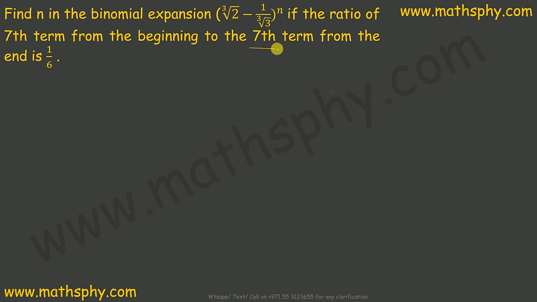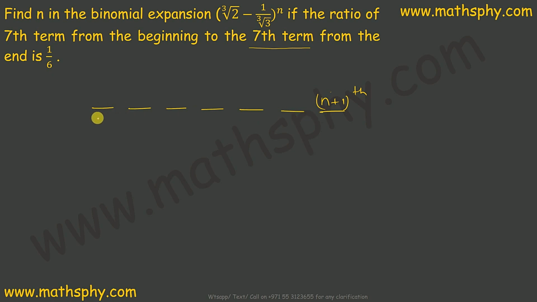Let's talk about the 7th term from the end. Suppose I don't know how many terms we have. 1, 2, 3, 4, 5, 6, 7. So this is my last term, which would be the n plus 1th term, and 1, 2, 3, 4, 5, 6, 7.